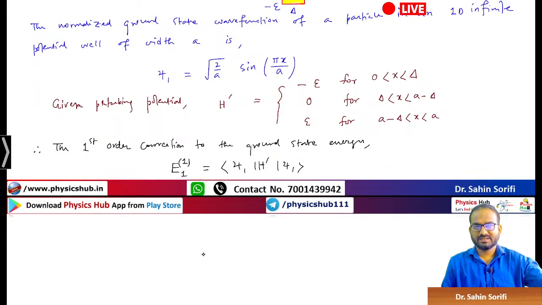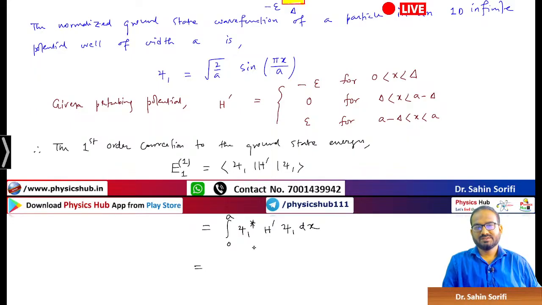So it is the integral from 0 to A of psi 1 star H prime psi 1 dx.